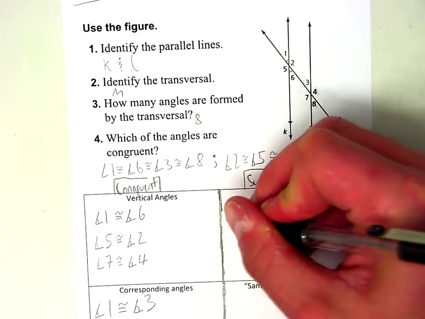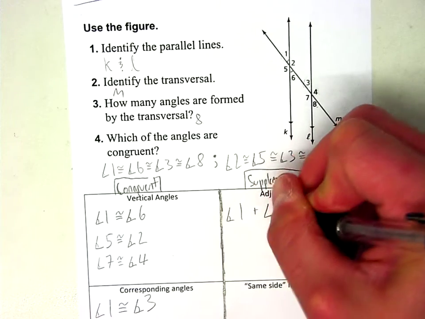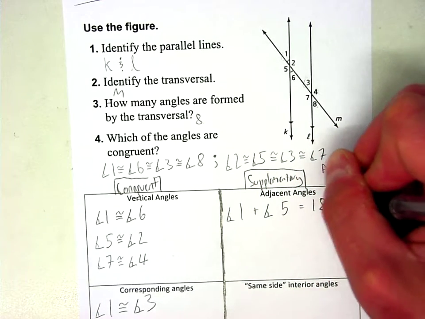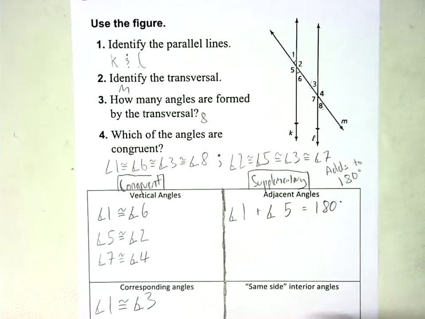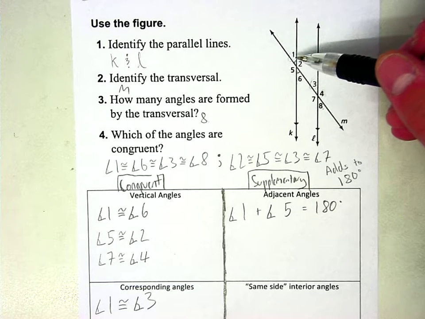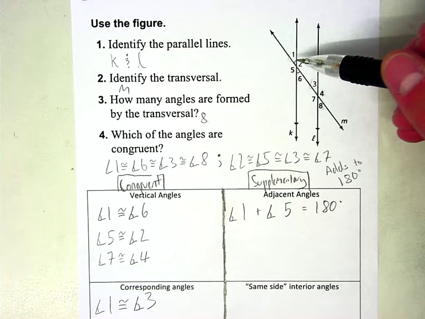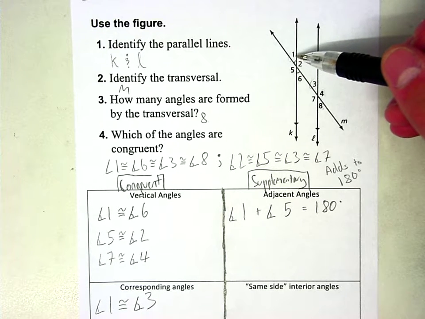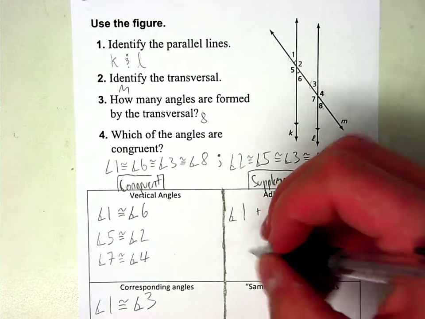Angle 1 plus angle 5 is equal to 180 degrees because adjacent angles are supplementary. And there's another angle that's adjacent to angle 1, though. What is it, Emra? Yeah, angle 1 and angle 2, those are definitely adjacent.